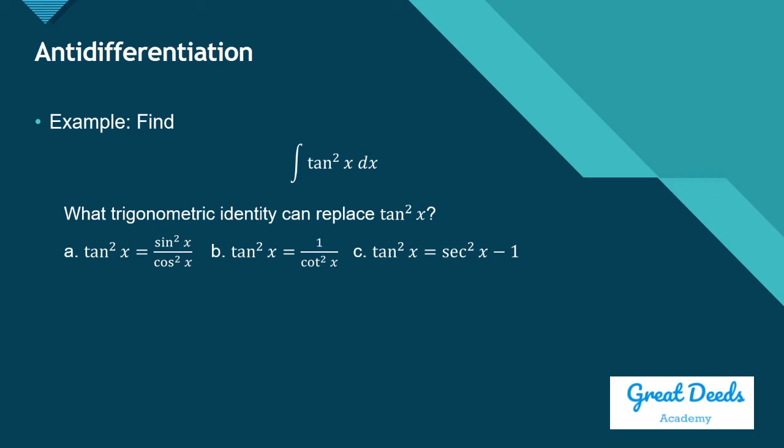How about this? Let us find the integral of the square of tangent of x dx. This time, we will use trigonometric identities. Okay, in the previous example, we used our understanding of the integral as the antiderivative. Now, we will use something else. We will use a trigonometric identity. So what trigonometric identity can replace this?